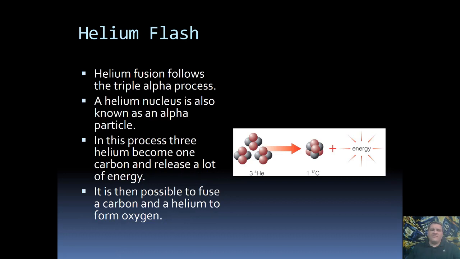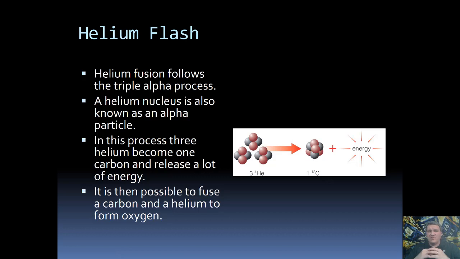Now, helium fusion follows what we refer to as the triple alpha process. A helium nucleus is also referred to as an alpha particle, which means we're going to be fusing 3 helium together, and this will then produce 1 carbon. So we have 3 helium turning into 1 carbon in this process.